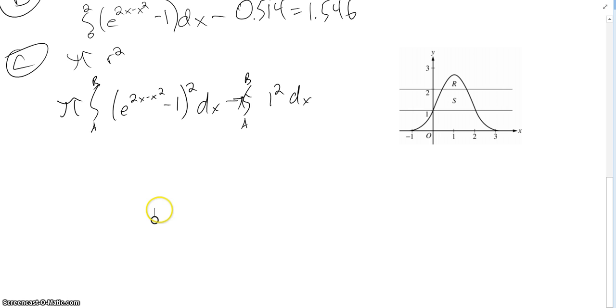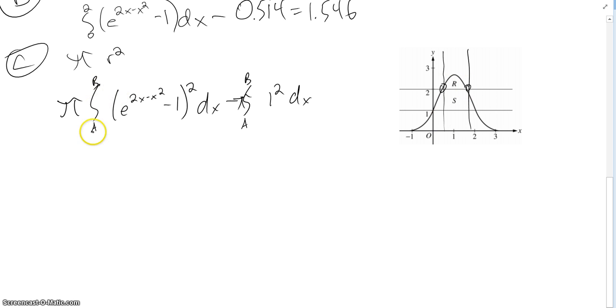Okay, so we're imagining that this part right here, R and S together, gets rotated around y equals 1. To find the volume of that donut that R makes, we're taking the integral from a to b, which means the only part that we're looking at is between this point and this point.